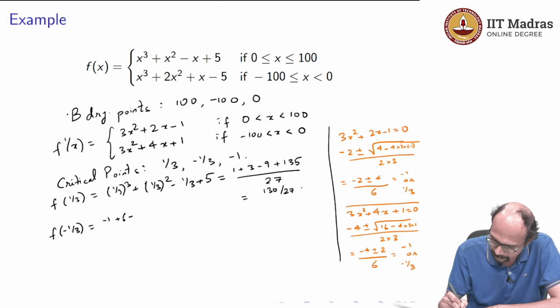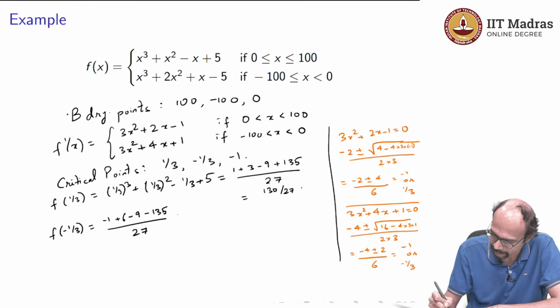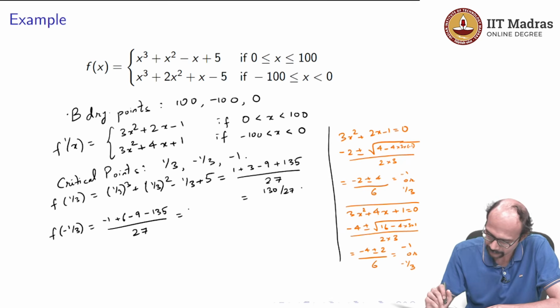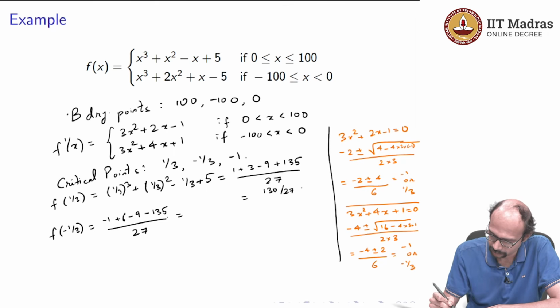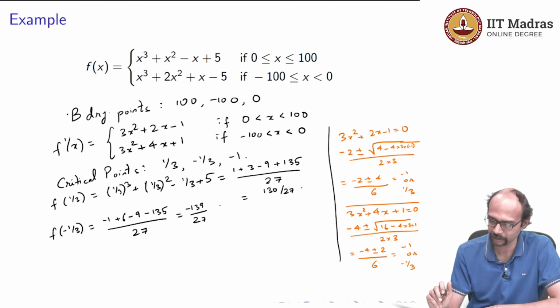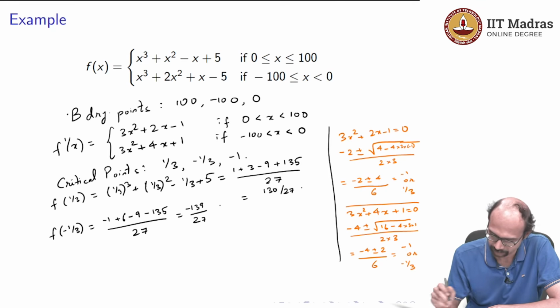So minus 1 plus 6 minus 9 and then minus 135 by 27, and again that should give us something close to minus 5. So minus 135 plus 5, so minus 130 minus 9, that is minus 139 by 27. Okay. So it is between minus 5 and minus 6.